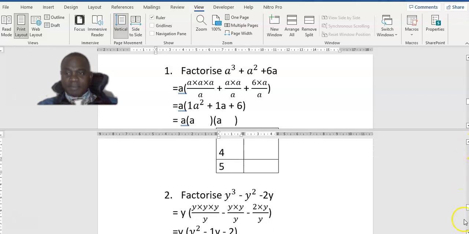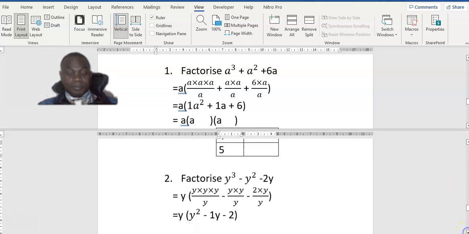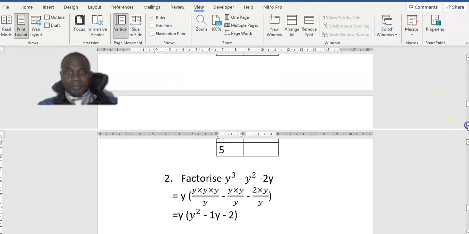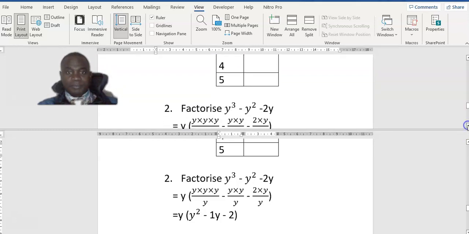Let's try this one. We want to factorize this one, so you bring y out.